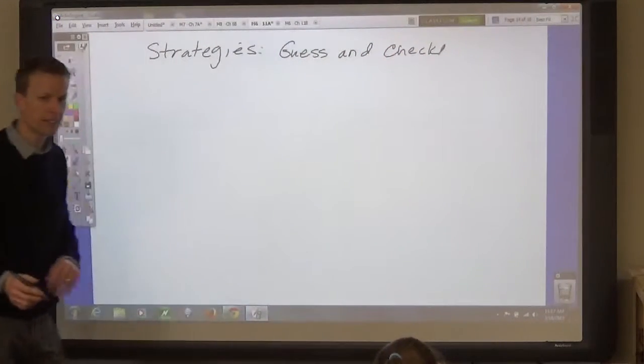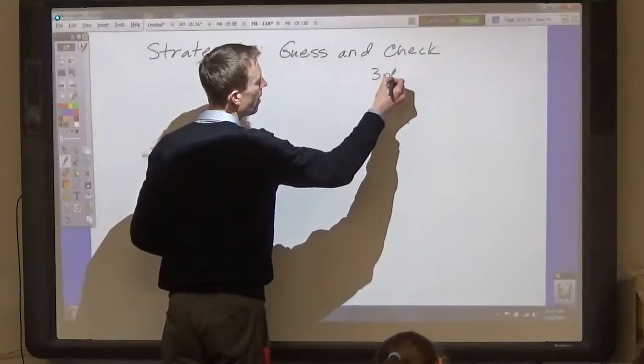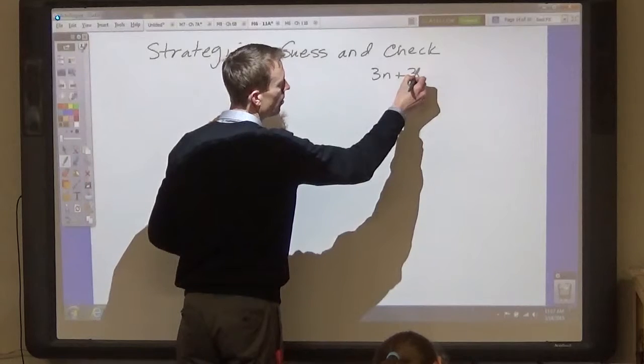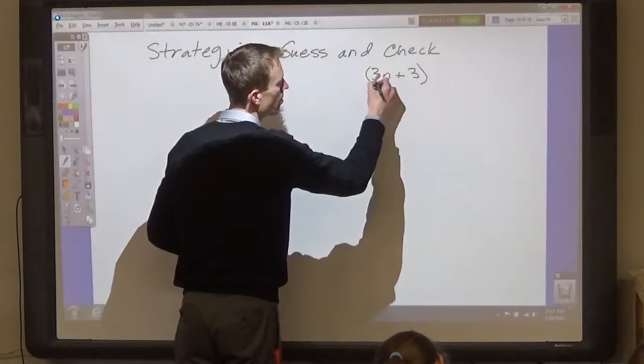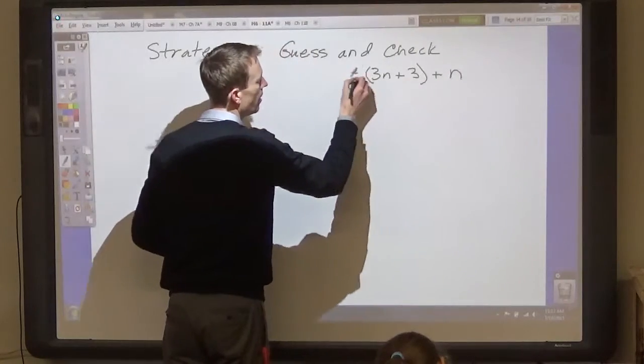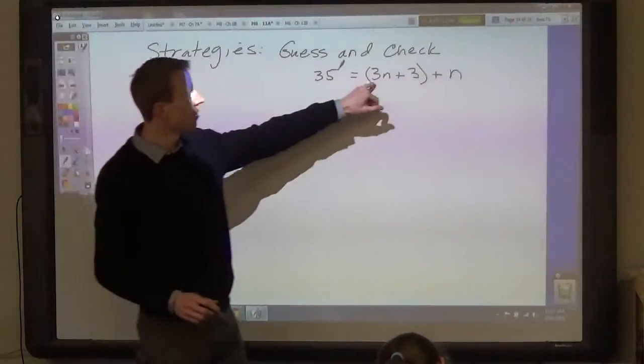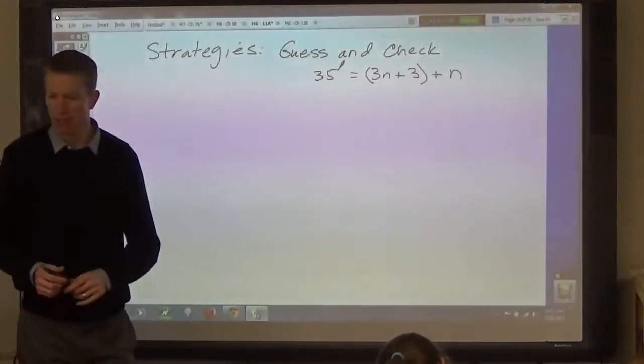Okay, so in this example, if we have 3n plus 3 for the wins plus the losses, n, equals 35, what number may fit in for n to give us 35?